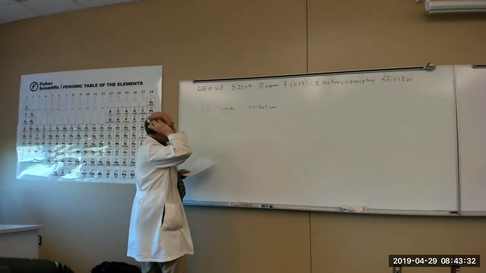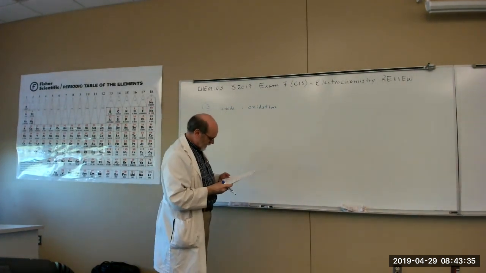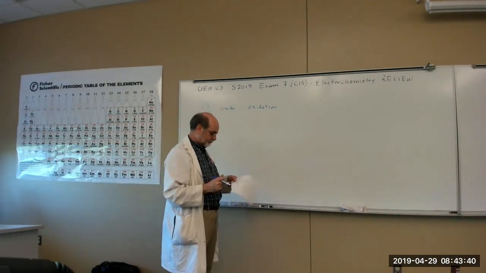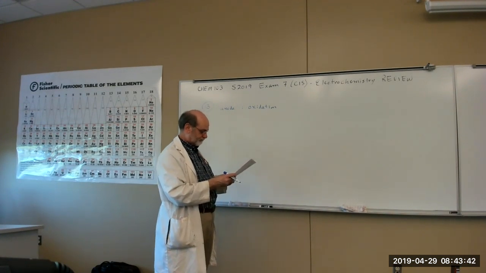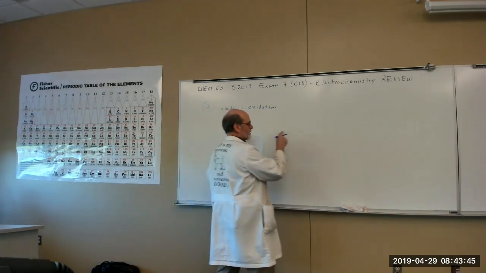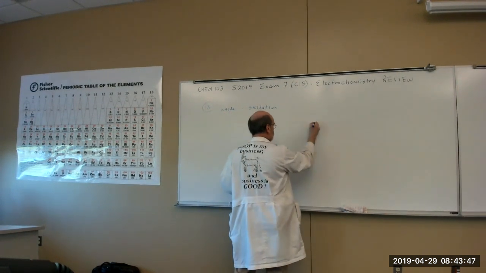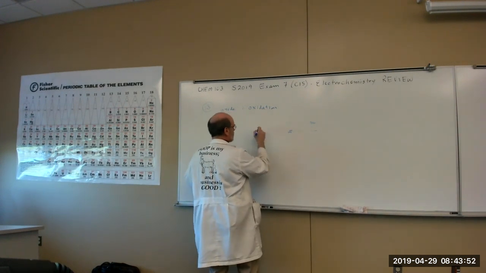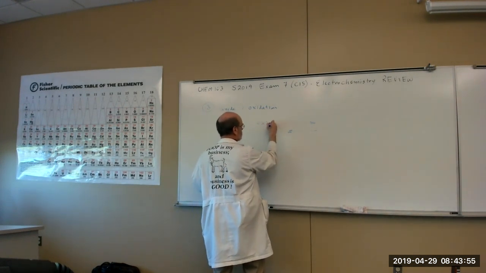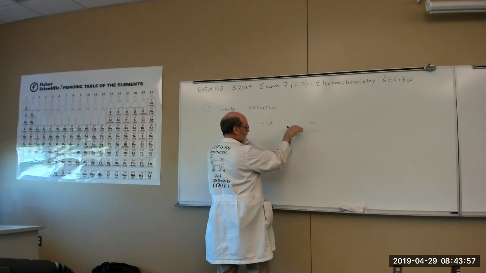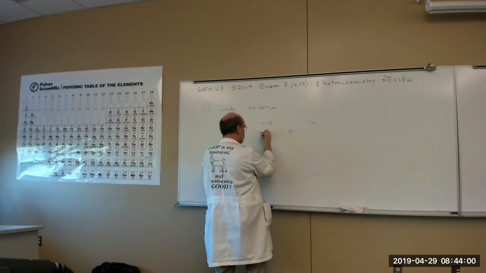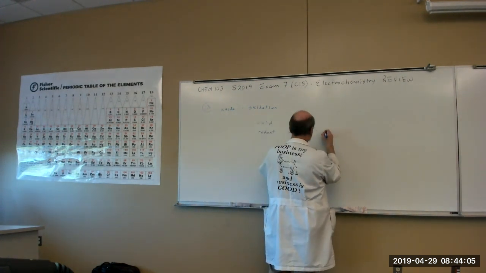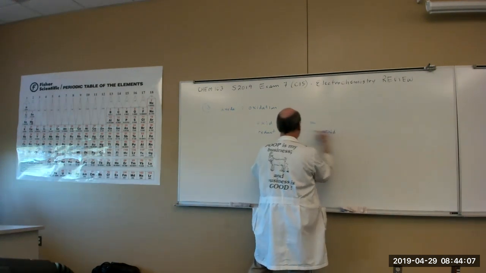Okay, so by definition, the anode is where oxidation takes place. That means that D is the only one that's proper. It doesn't matter if you've got the reaction going this way or that way. If you've got, say, an oxidation occurring here, then this way would be reduction. So the oxidation would be this way, going that way.